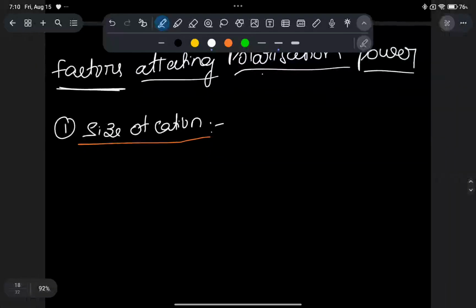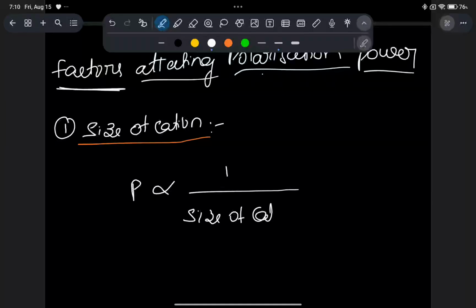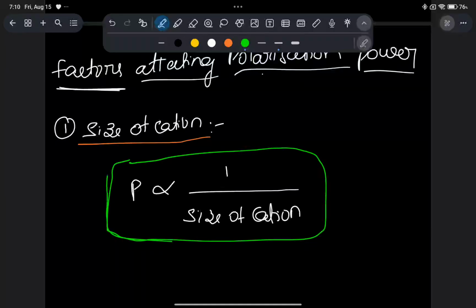Size of cation. Here, writing P for polarization, P is directly proportional to 1 by size of cation. Only a very small cation size will form the covalent bond.